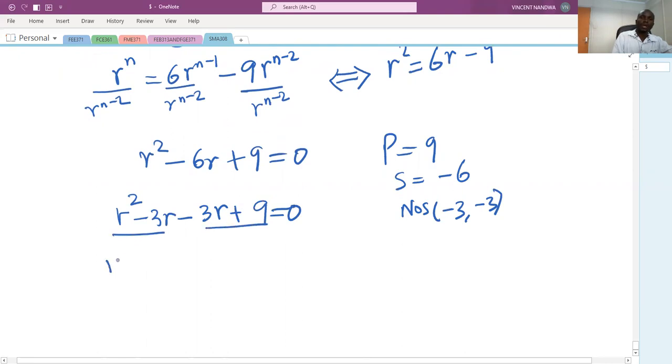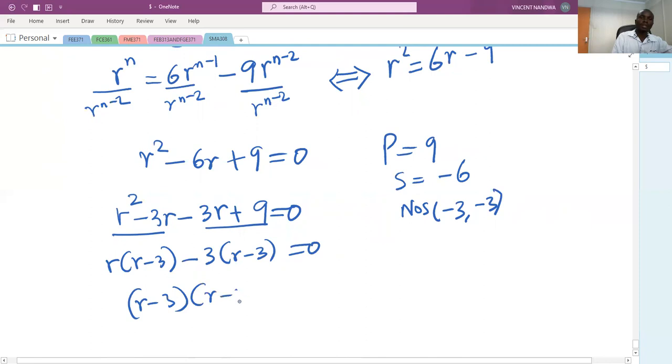So common here is r into r minus 3. Here is minus 3 into r minus 3 equals 0. So r minus 3 times r minus 3 equals 0. So this means that r equals r1 equals r2 equals just positive 3.